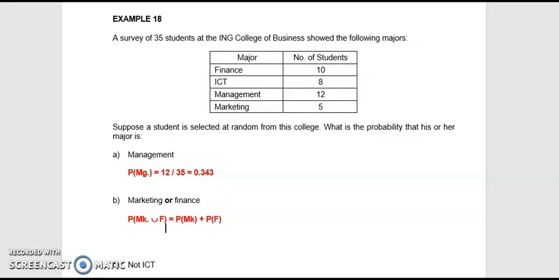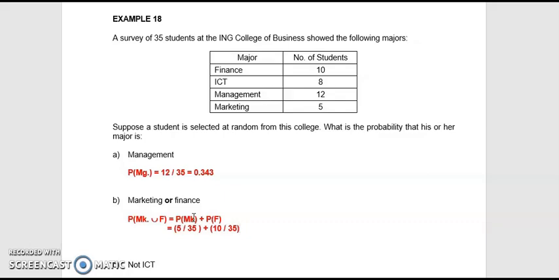So the probability of marketing is, the total students under marketing is 5. So probability, divided by total, 5 over 35, plus finance, 10 divided by 35. In this case, this is an example of mutually exclusive events.